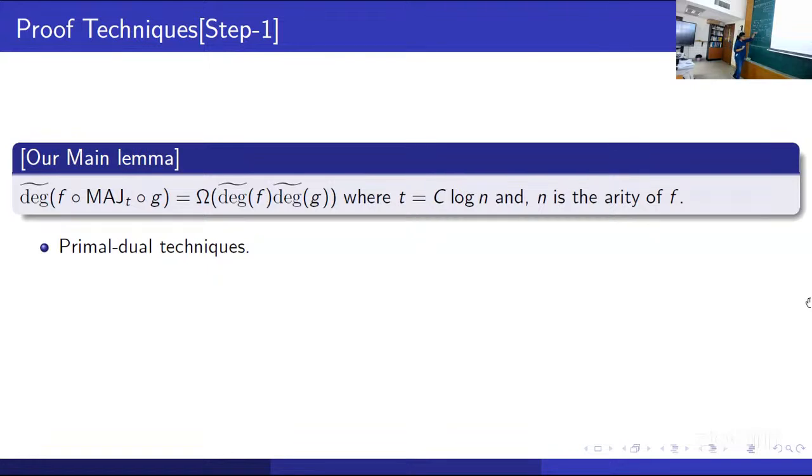So I'm just killing the inner part here. And how will you do that?